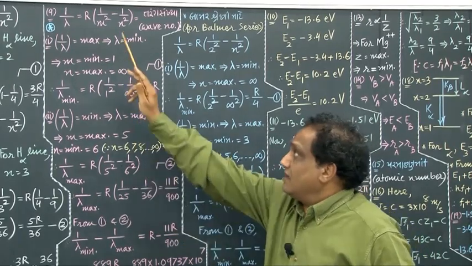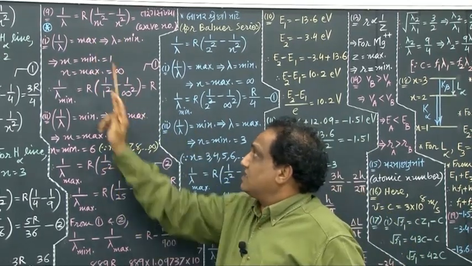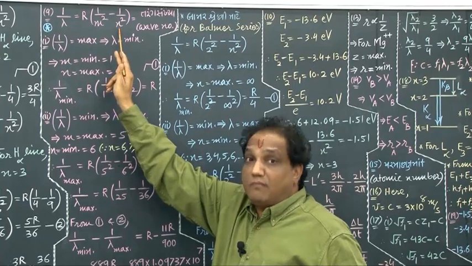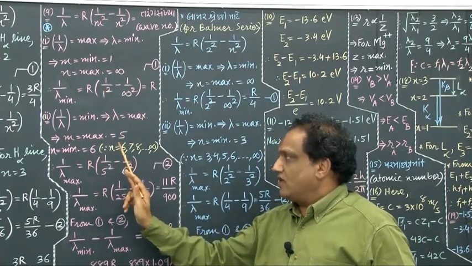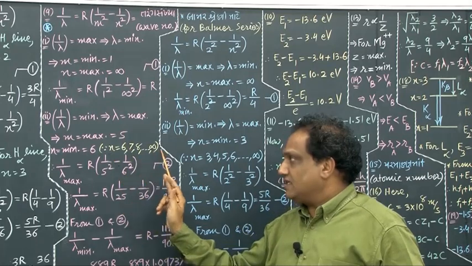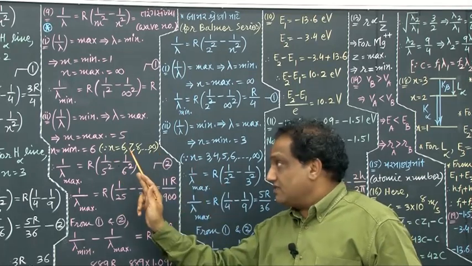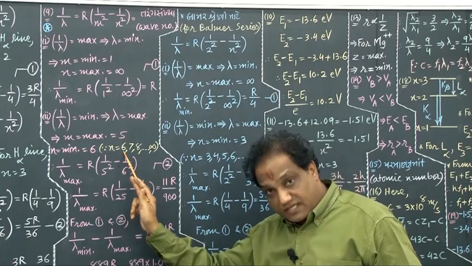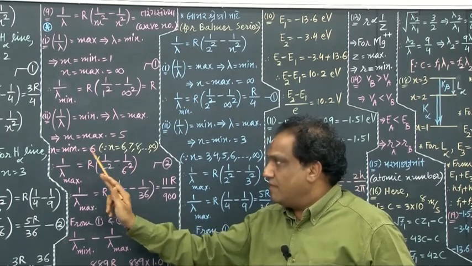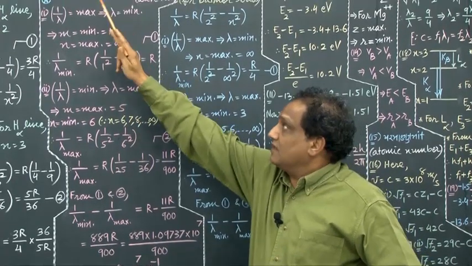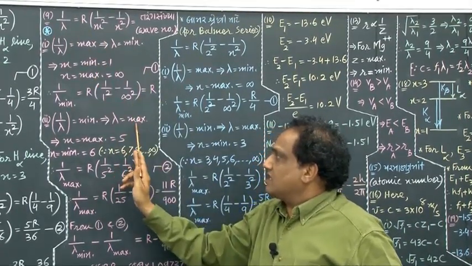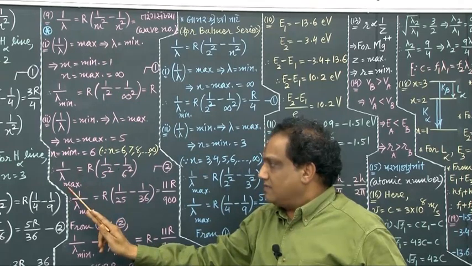But when you want lambda to be maximum, the n value should be taken minimum. If the value of m is 5, what are the values of n? 6, 7, 8, up to infinity. In this series, the minimum value of n is 6. Put these two values here. 1 upon lambda, lambda is right now maximum, so instead of lambda I am putting lambda maximum.